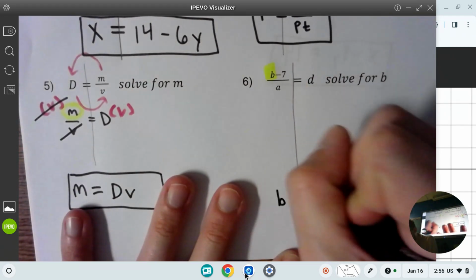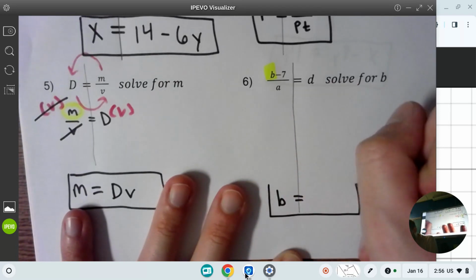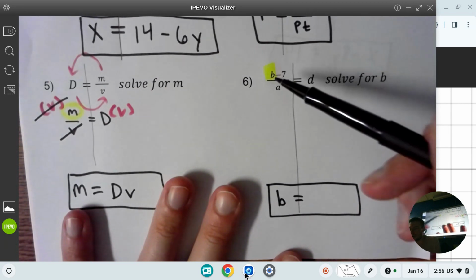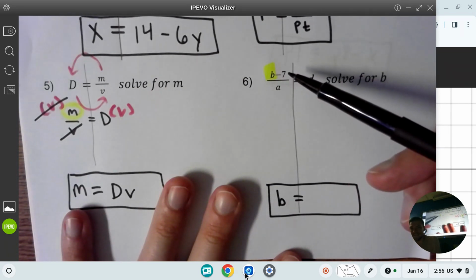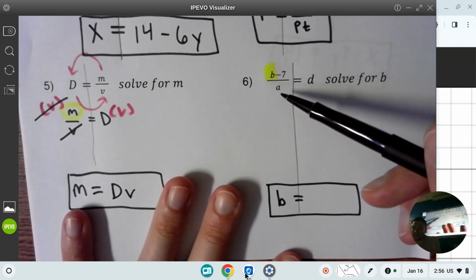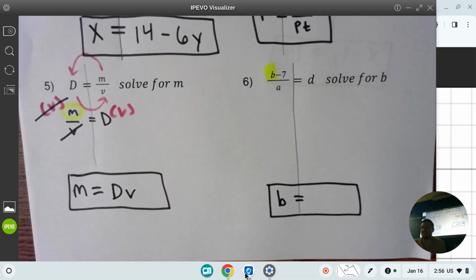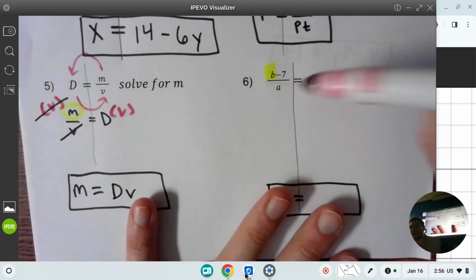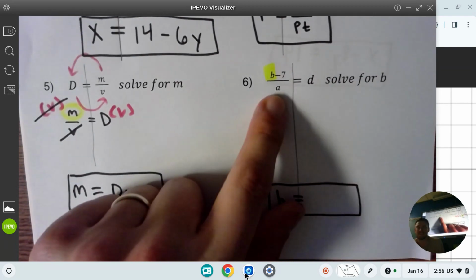Our answer wants to be B all by itself. And this right side is going to be a little bit messy. Over here with the B is a 7 and an A. Now this A is making a fraction. I don't like fractions. I want to get rid of fractions. This B is divided by A. So how do we do the opposite of this A?